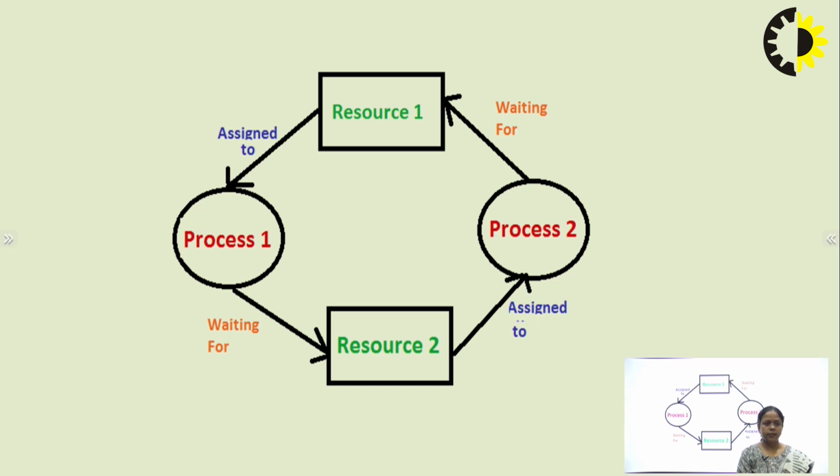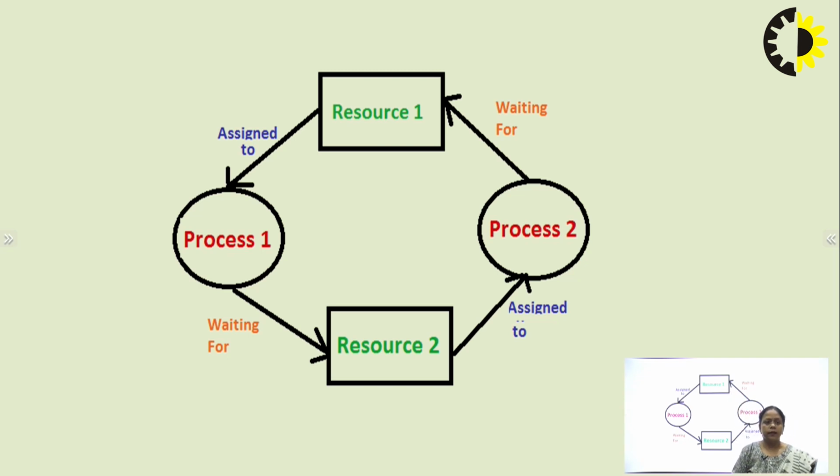You can see in this diagram easily. These are the two processes, process 1 and process 2, and these are two resources, resource 1 and resource 2. In this case, process 1 has resource 1, but it requires another resource, resource 2. But resource 2 is acquired by process 2, which is waiting for resource 1.